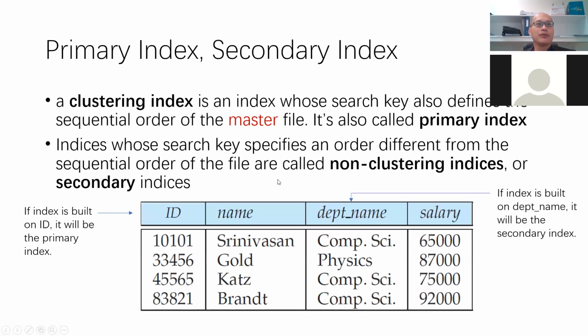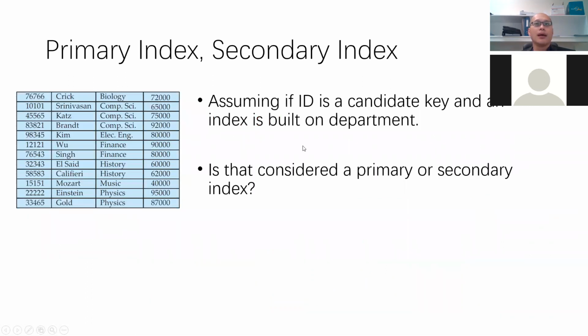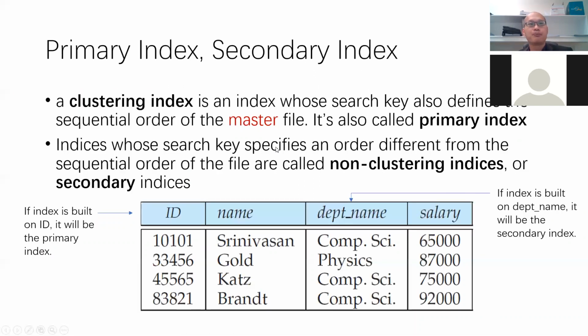We talked a bit about the clustering index, and the difference between the primary index and the secondary index. A primary index is when it is in sequential order. So let's look at the previous one. In this case, ID is the primary index. Department name is non-clustered, so it will be a secondary index.